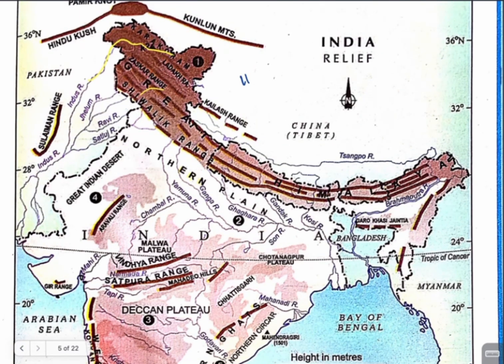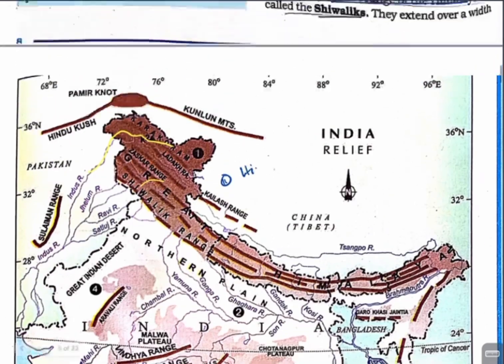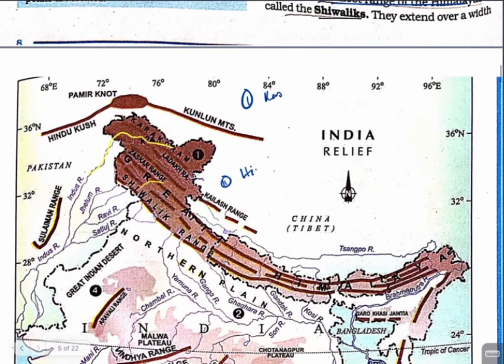So this is the Himachal, the second. First was Kashmir Himalayas. Now second is the Himachal and Uttarakhand Himalayas.